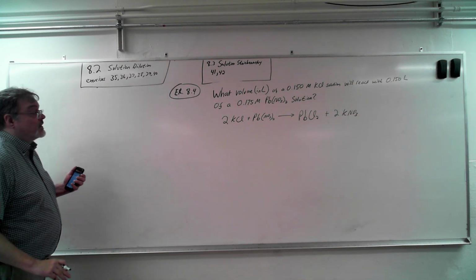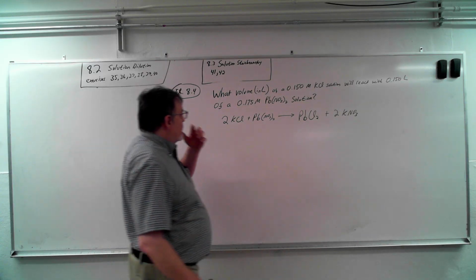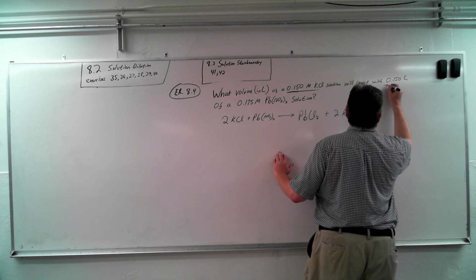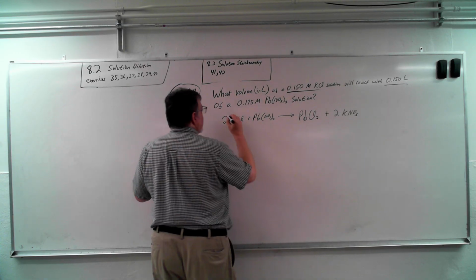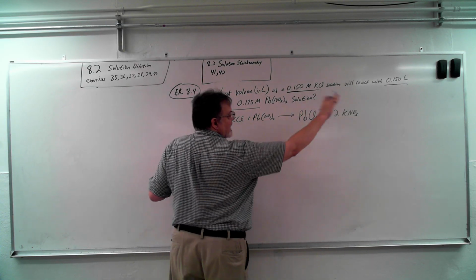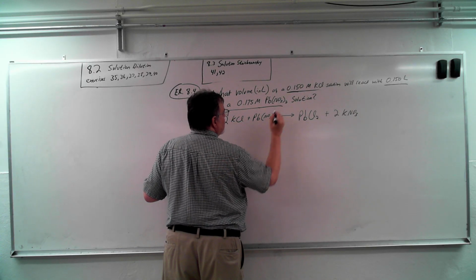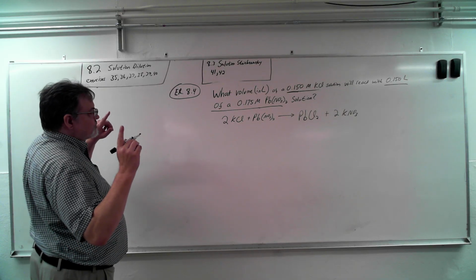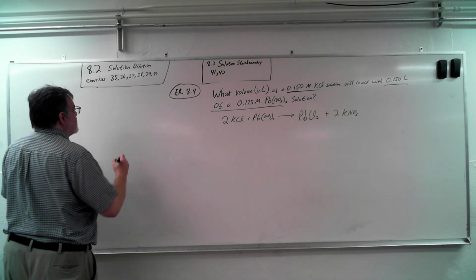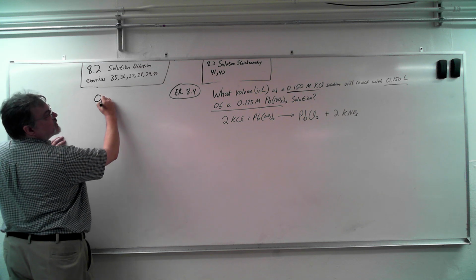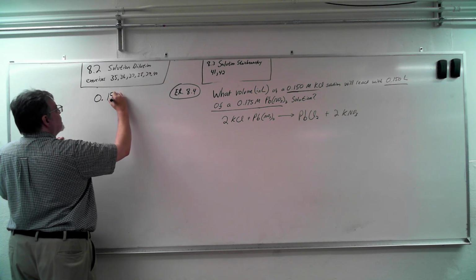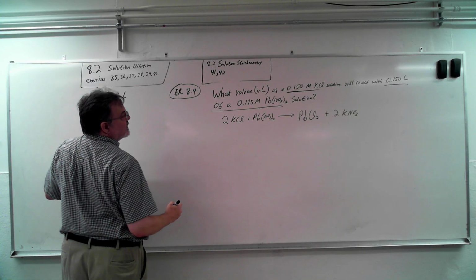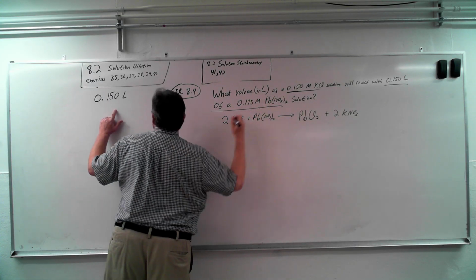The ingredients for solving this, you've got this. You've got 0.150 liters of this. So that underlined and this goes together. All right, so you've got the volume, liters on a 0.150.